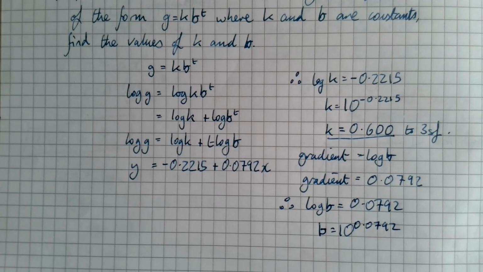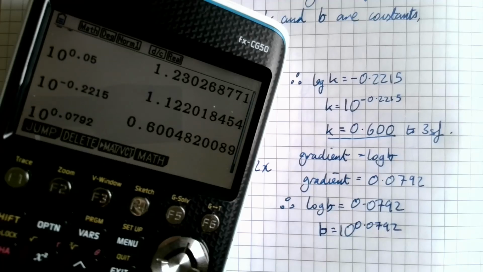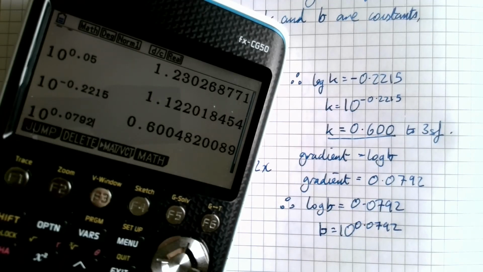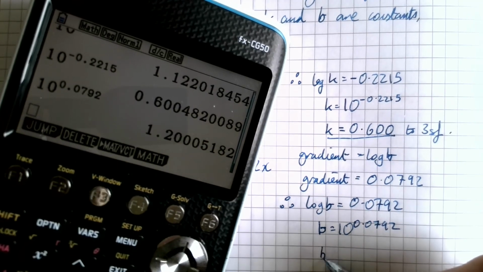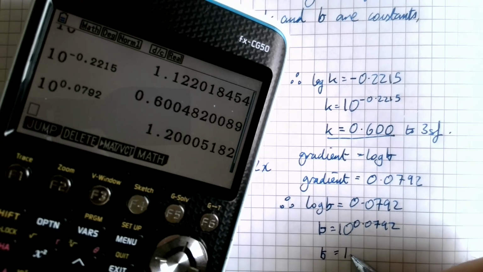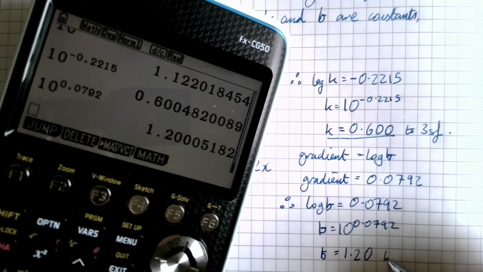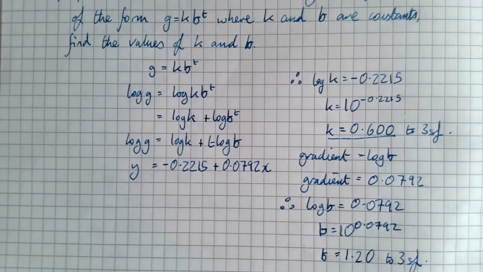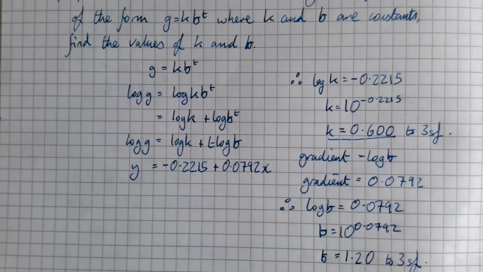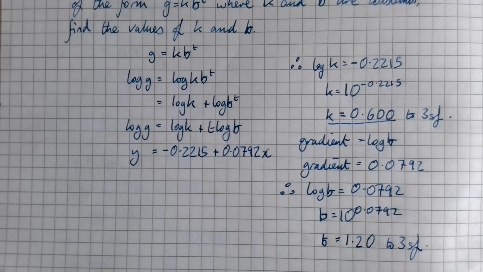And if you put that into the calculator, you get 1.200. So you can say that b is 1.20 to 3 significant figures. So that means the growth rate is going to be that.